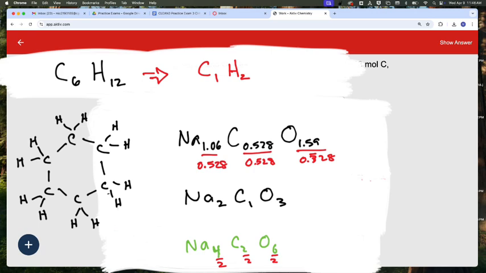So we have those mass numbers. What can we do with those mass numbers? We can convert them into moles. Once we convert them into moles, we can now convert it into an empirical formula. But because we tore apart and exploded those individual molecules, and we have no idea how many molecules were in it, we have no idea what the actual composition is. We just know the ratio of the pieces that came out. Okay?